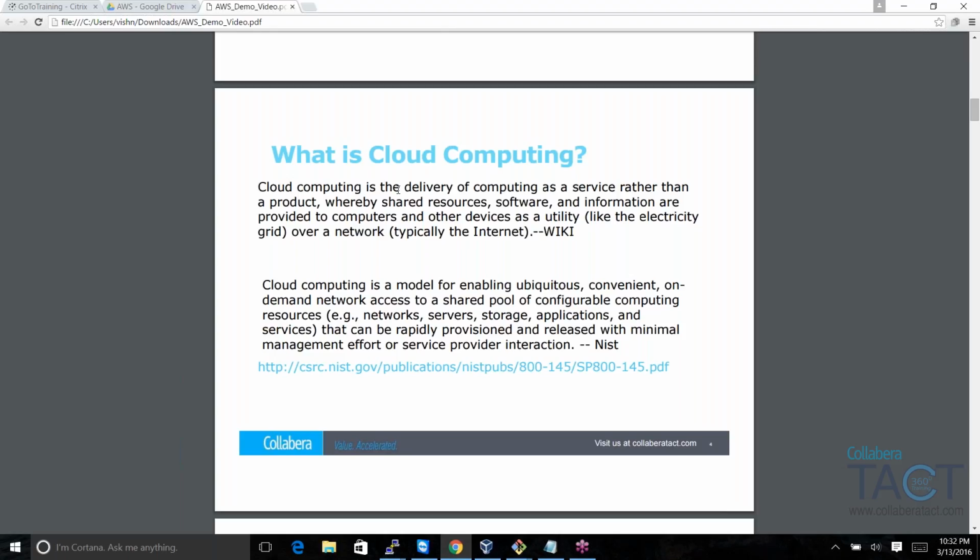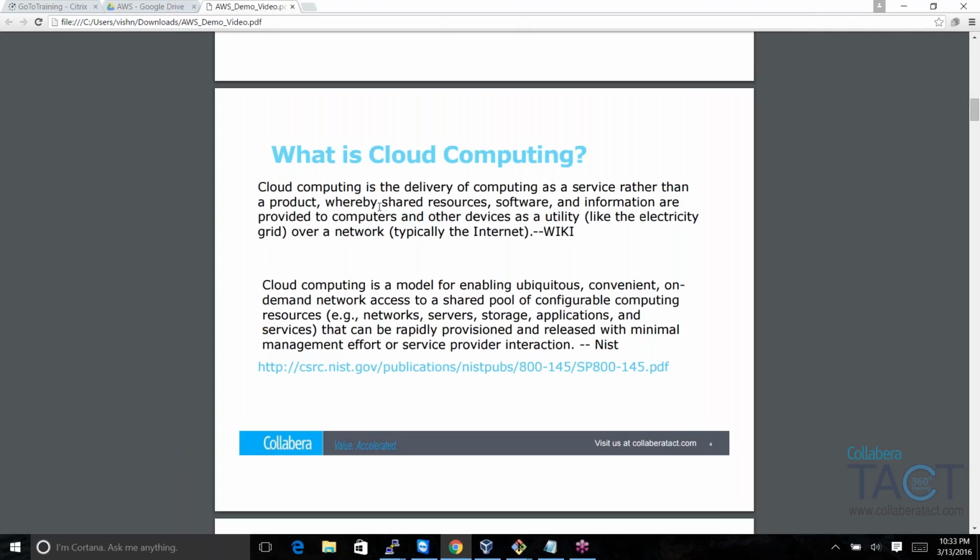This definition says only computing, but it's not just compute resources, right? You have other resources like database as a service, platform as a service, software as a service. All of these resources can be given to an end customer as a service, not as a product.